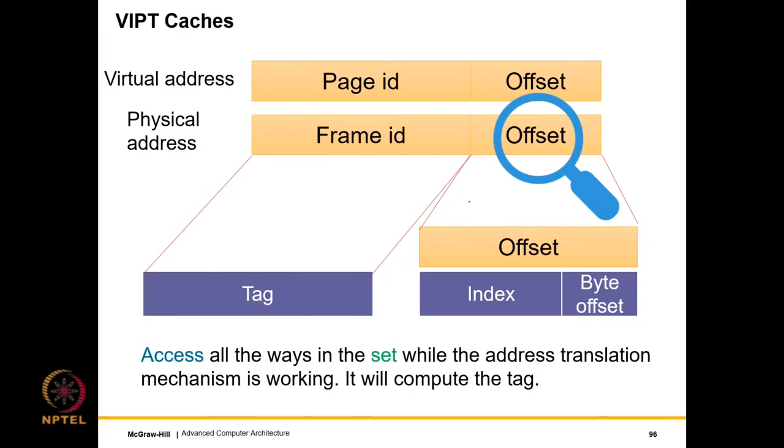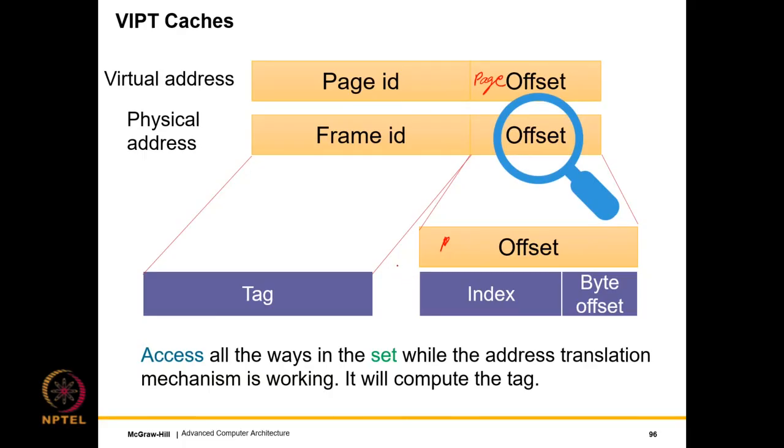In any virtual to physical translation process, there is a part of the address known as the page offset. So I should call this the page offset, and I should call this the byte offset over here. The page offset remains constant.